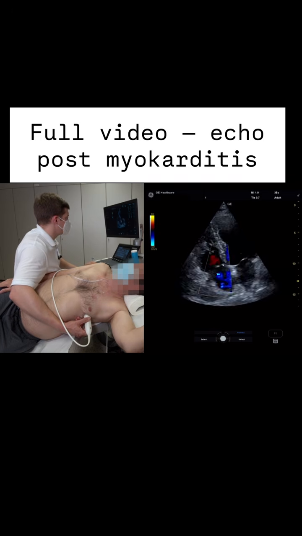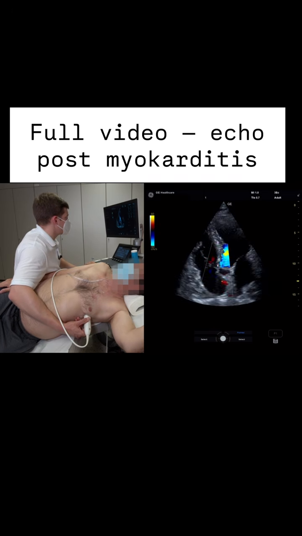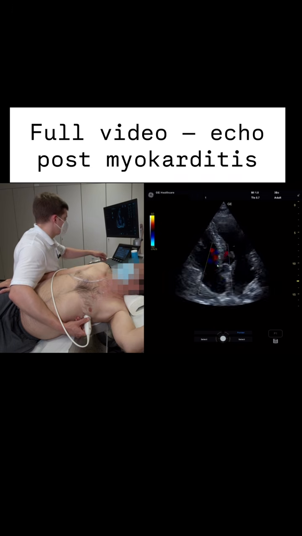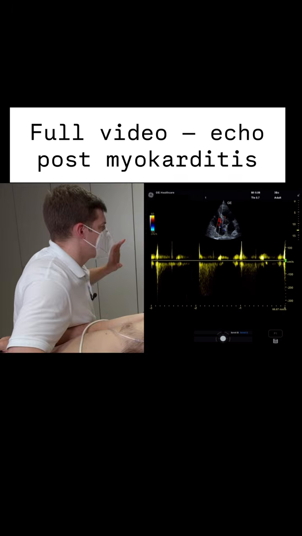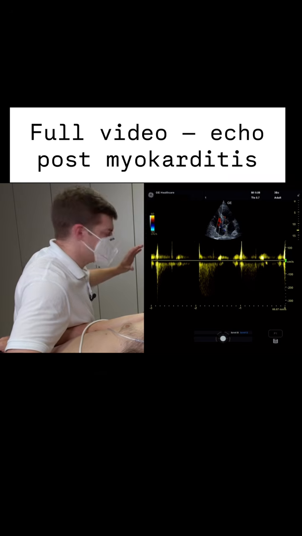So we have here the jet, and it's a small jet, and you have to really get into this jet to get an optimal signal, which is of course a little bit hard, but here we already had one, and sometimes you take the really good first signal you get.